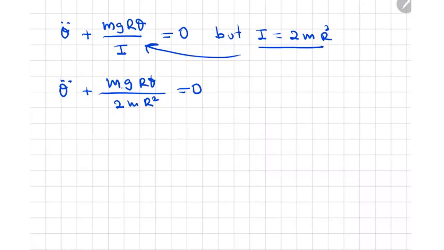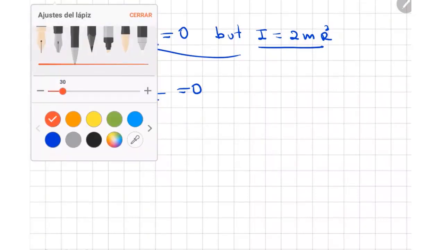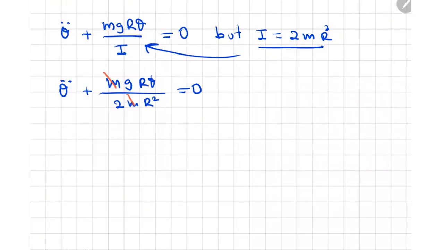And I simplify these terms. By simplification, this one cancels this. This square cancels this, and the equation gets this form.